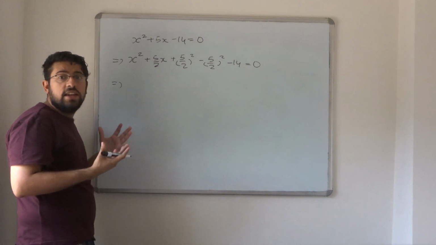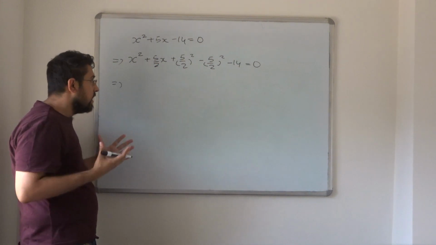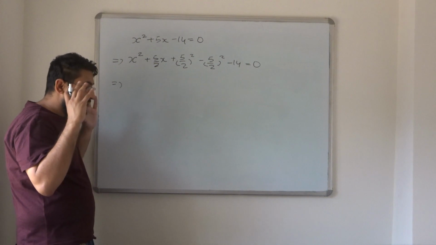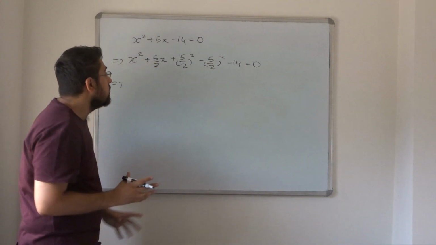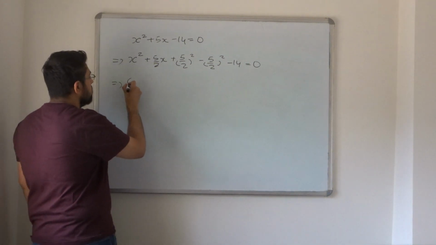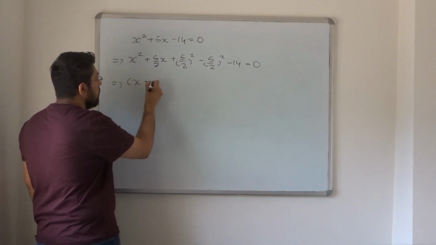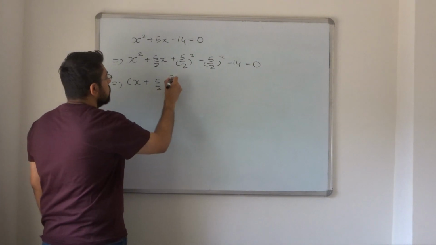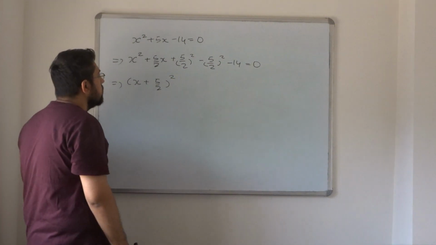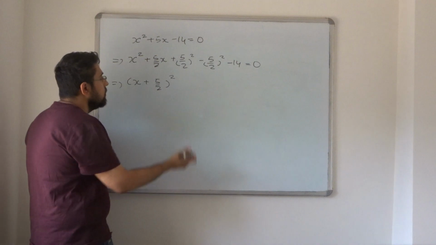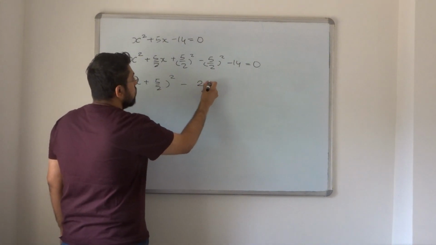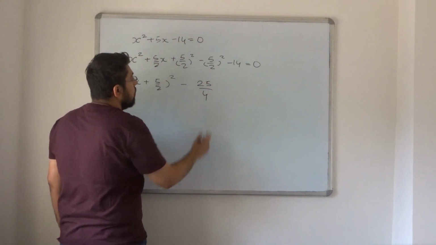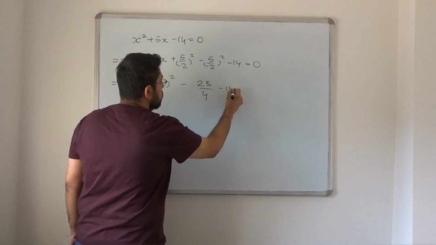In the derivation, it's just explained like that so that it gets stuck in your mind and you don't forget. But here you can directly do it like this because it's a matter of common knowledge. So now you have 25 upon 4 minus 14.